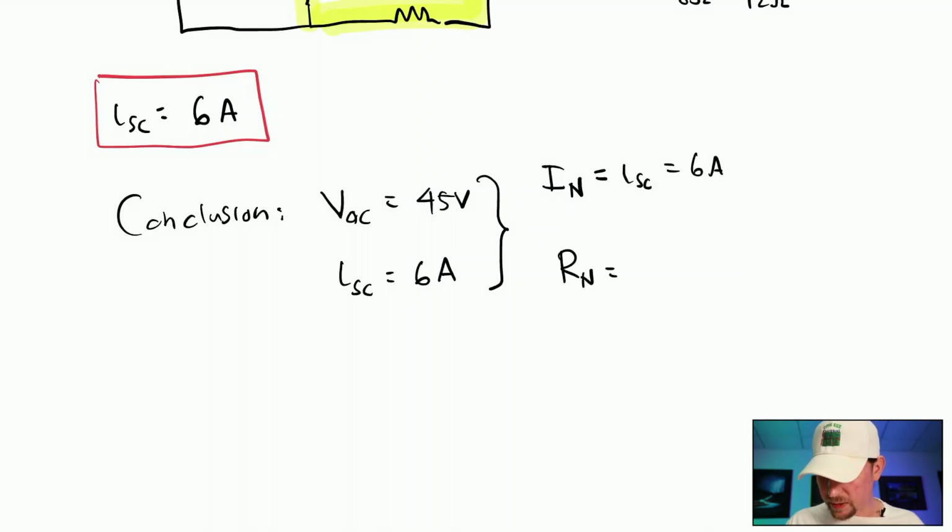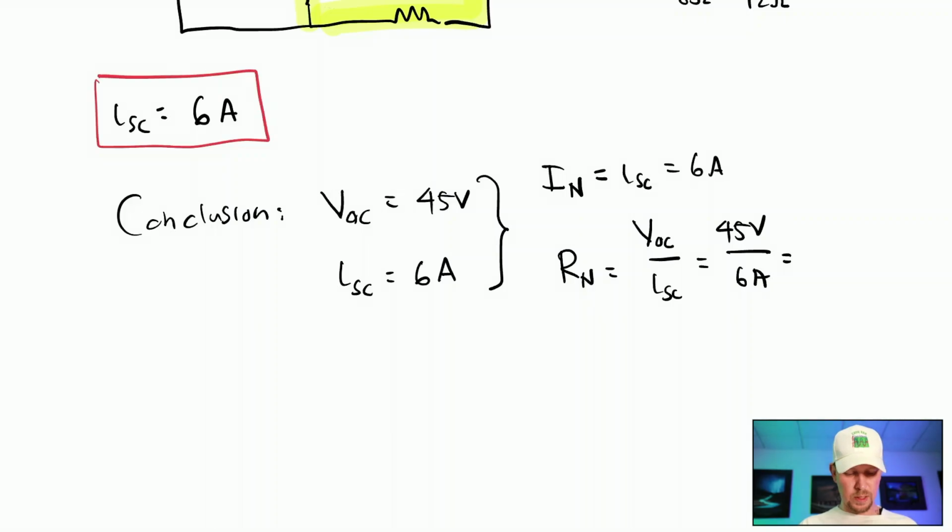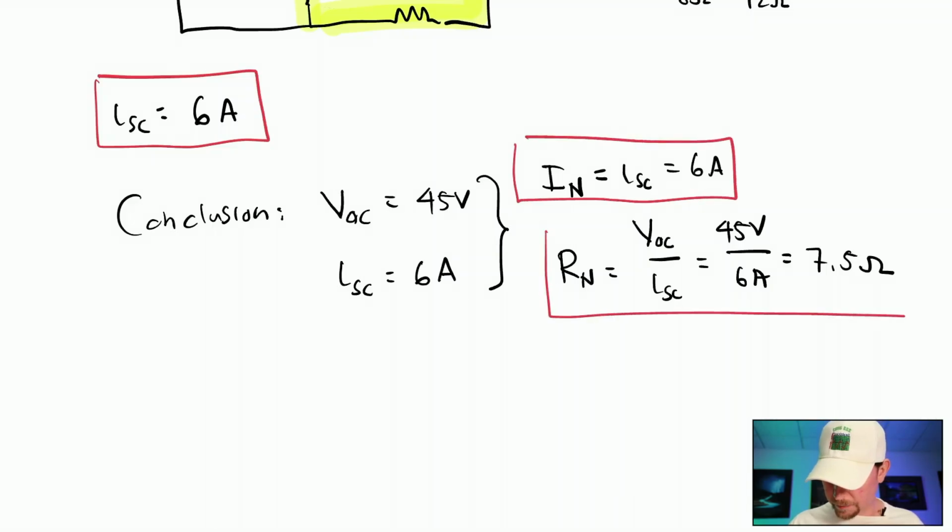And the Norton resistance, which is the ratio of the open circuit voltage to the short circuit current, is the 45 volts divided by the 6 amps. And if you, again, use your calculator to carry out this operation, this is 7.5 ohms. Right? These results are important enough to box as well.